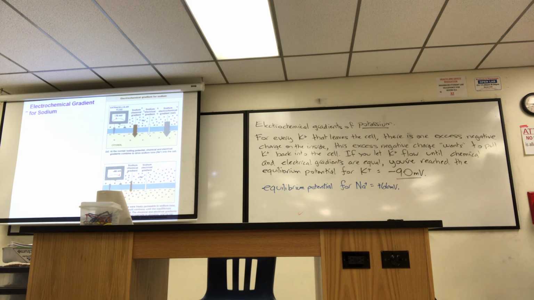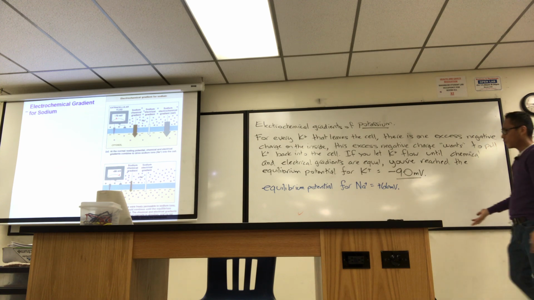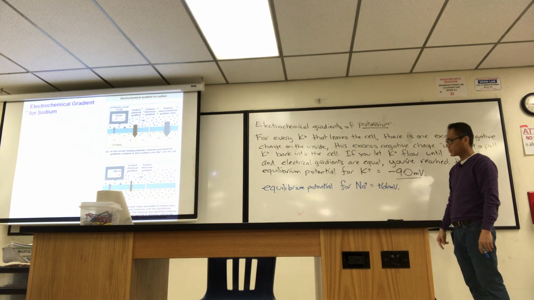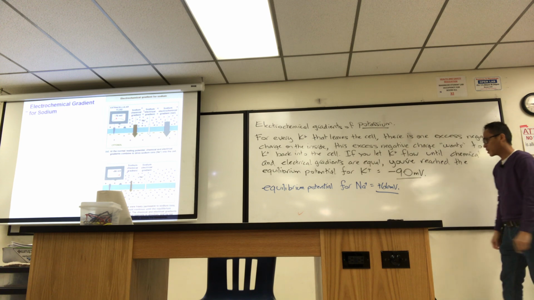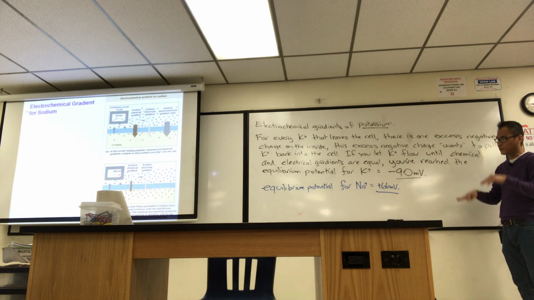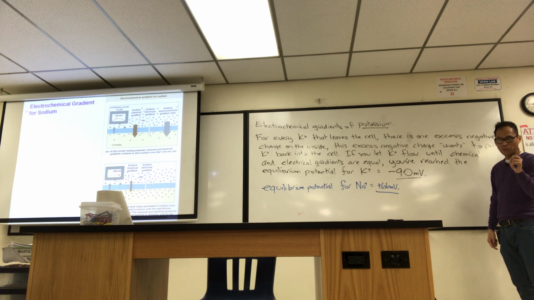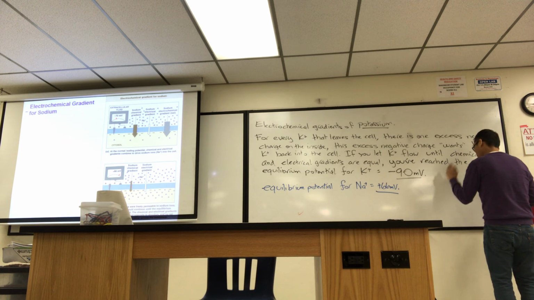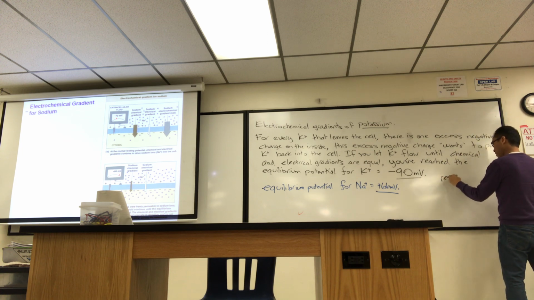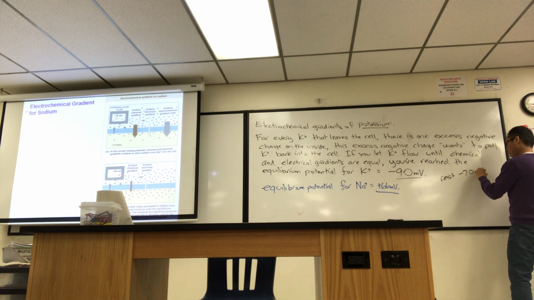So at the very least, if this were a nutrition class, you know you need sodium and potassium in your diet. Your cells need it. In terms of how the cell works, boom, plus 66, negative 90. Those are the equilibrium potentials for sodium and potassium, respectively. What was our resting membrane potential? What was the number? Negative 70.